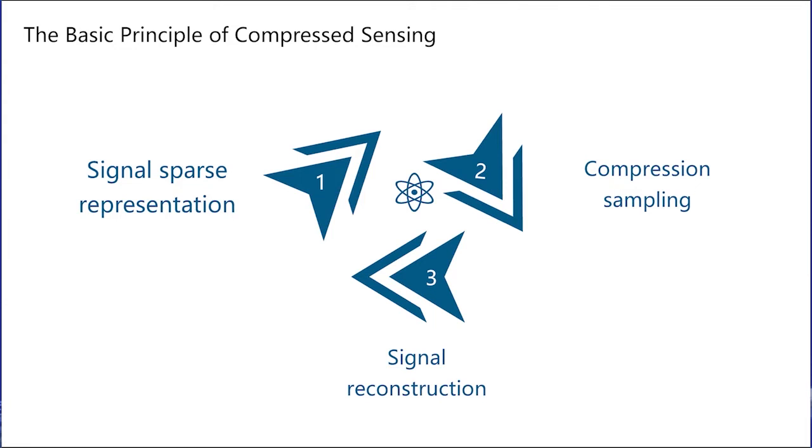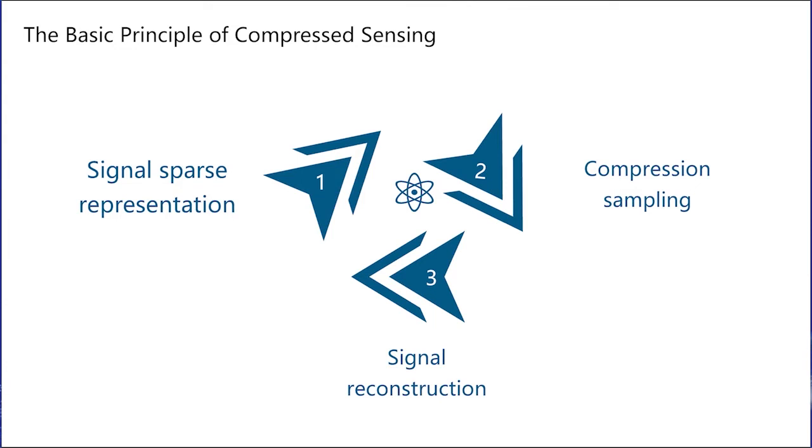The premise condition of compressed sensing is that the signal is sparse or compressible, but the actual signal usually cannot meet this condition. To solve this problem, orthogonal transformation processing can be performed.